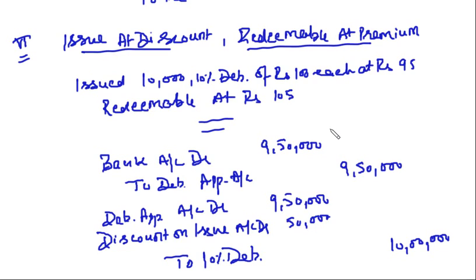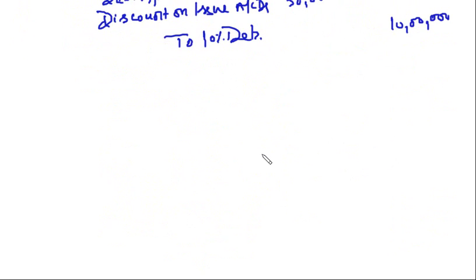And what does the prudence concept say? Prudence concept says anticipate and provide for all losses today only. So simply your entry will be loss on redemption of debentures account debit.